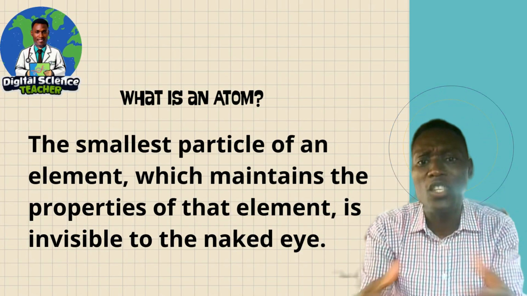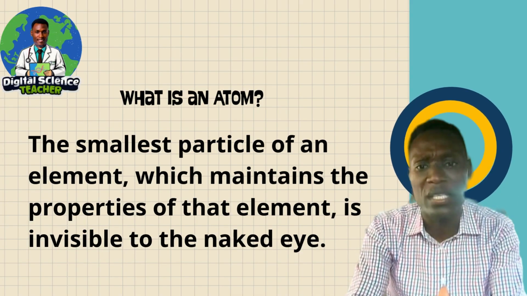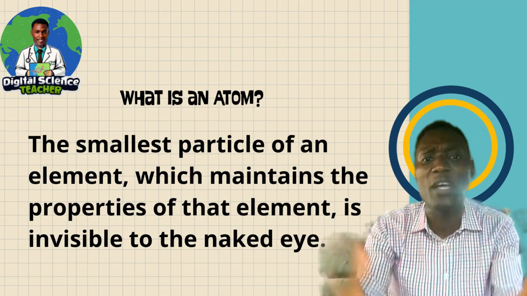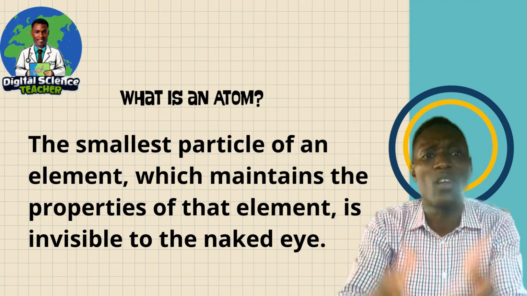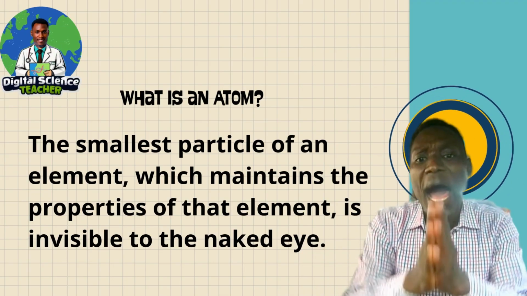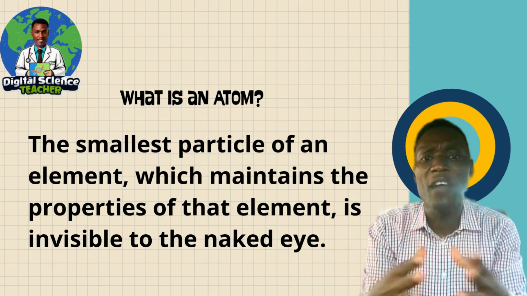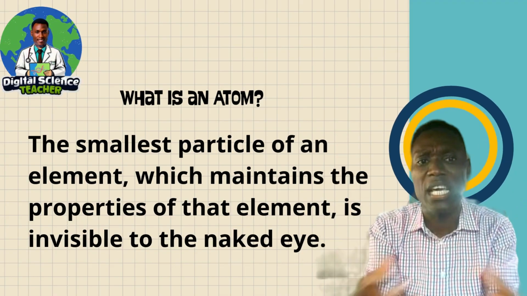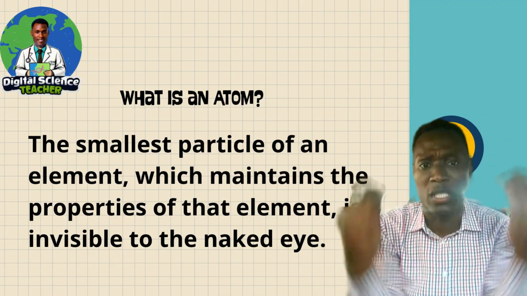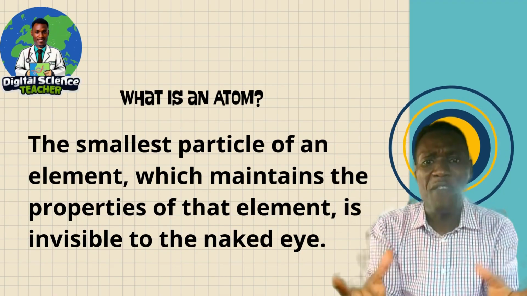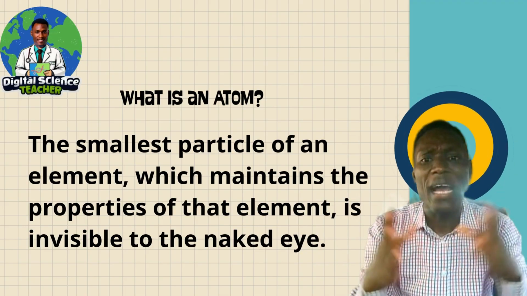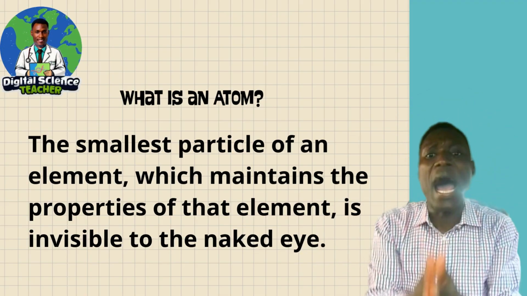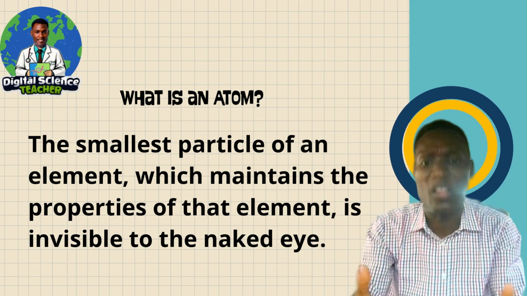Just like the bricks you use in building houses, you could combine it in different ways to build different kinds of structures. Now, atoms combine in various ways to create everything that we could see, that we could feel, and that we could touch. So, invariably, everything around us called matter are made up of atoms.